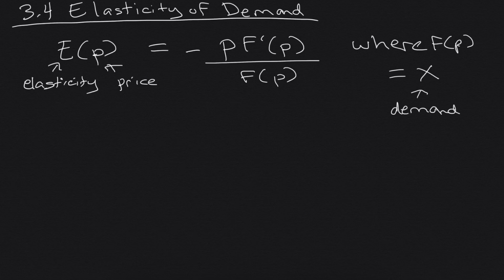I'll say much more about that relationship once we start doing examples, but we've been used to seeing f of x in math, and even a little bit this semester, but we're going to have f of p here. That's not a super big deal when it comes to the derivative or anything like that, but we'll discuss that more when we go into an example in just a moment.